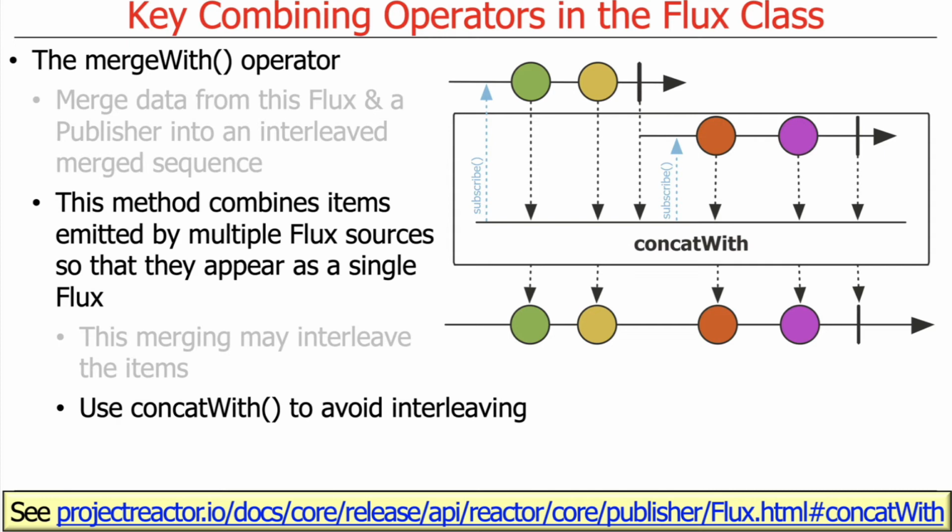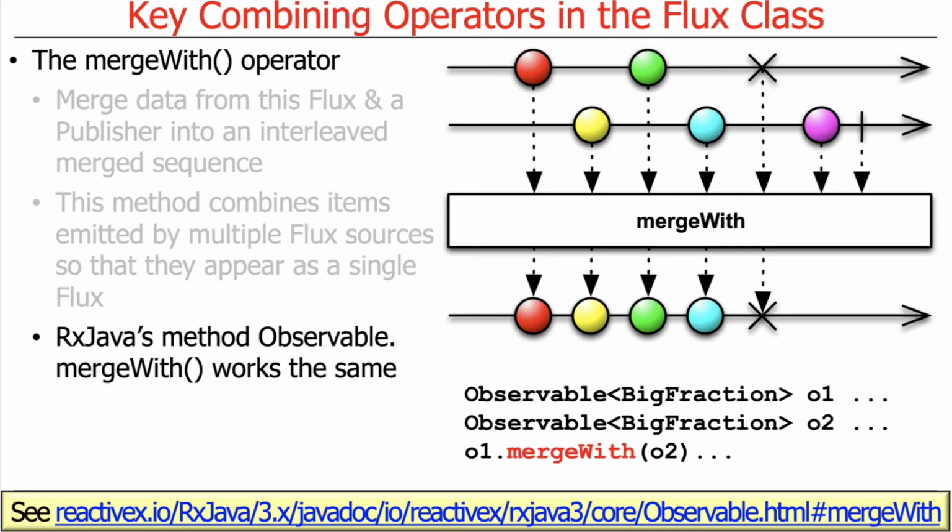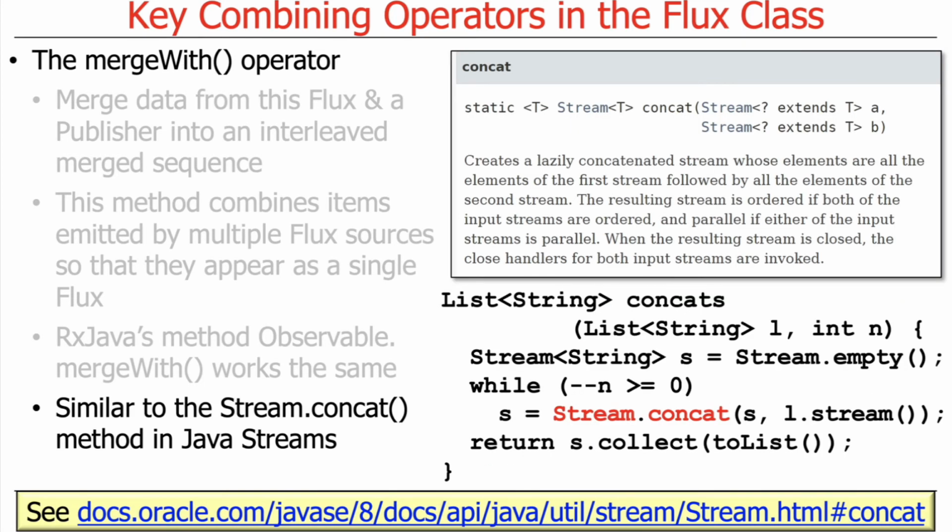This all has to do with various factors like whether these things are running with delays, whether these things are running concurrently, and so on. concatWith is a little bit stricter in that it takes everything from the first Flux and then concatenates everything from the second Flux with no merging, whereas mergeWith may, under certain circumstances, merge stuff or not. There's also a mergeWith in Project Reactor's counterpart RxJava that works the same way on Observable.